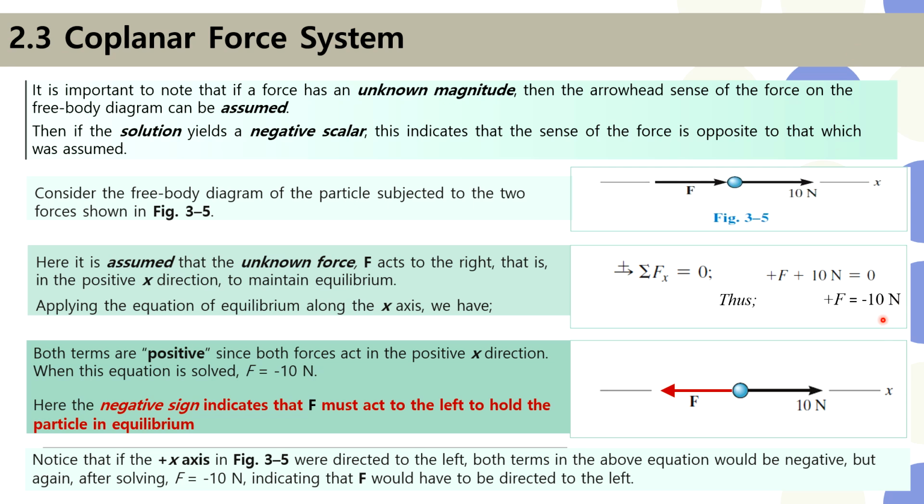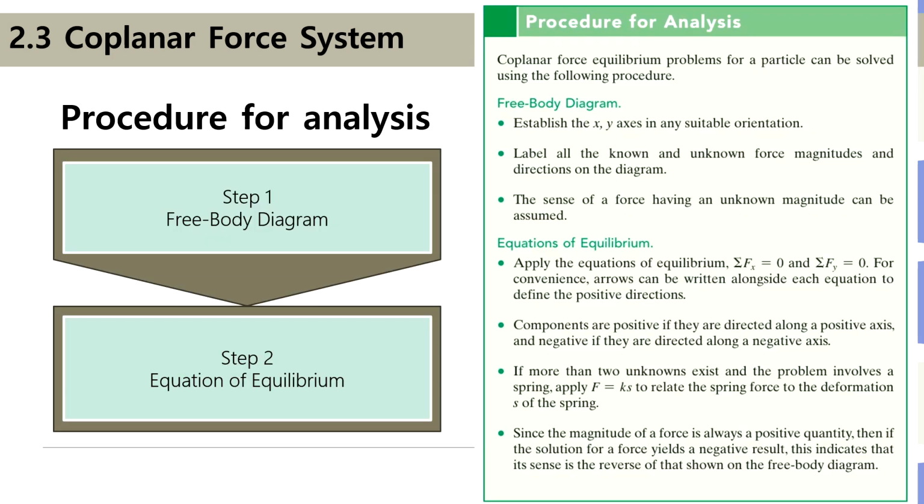So what does this negative sign mean? It doesn't mean a negative force exists. It just tells us that the arrow direction we originally guessed on our free body diagram was wrong. So the force F actually acts to the left due to this negative sign. The procedure is simple for this type of coplanar force system. Step 1, draw the free body diagram.